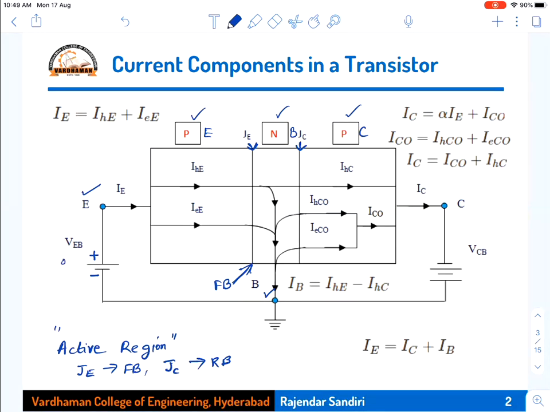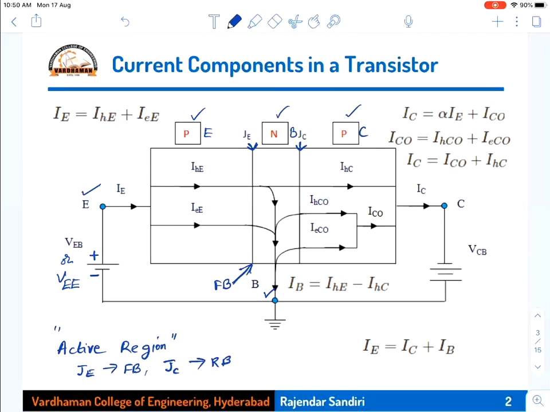But in general, we can even call this battery voltage VEE. VEE means emitter voltage, with the base common. Therefore, we generally represent it with VEE. It is the emitter voltage connected between emitter and base. Whichever terminal is common, we connect that. So emitter voltage or emitter base voltage, both are the same.